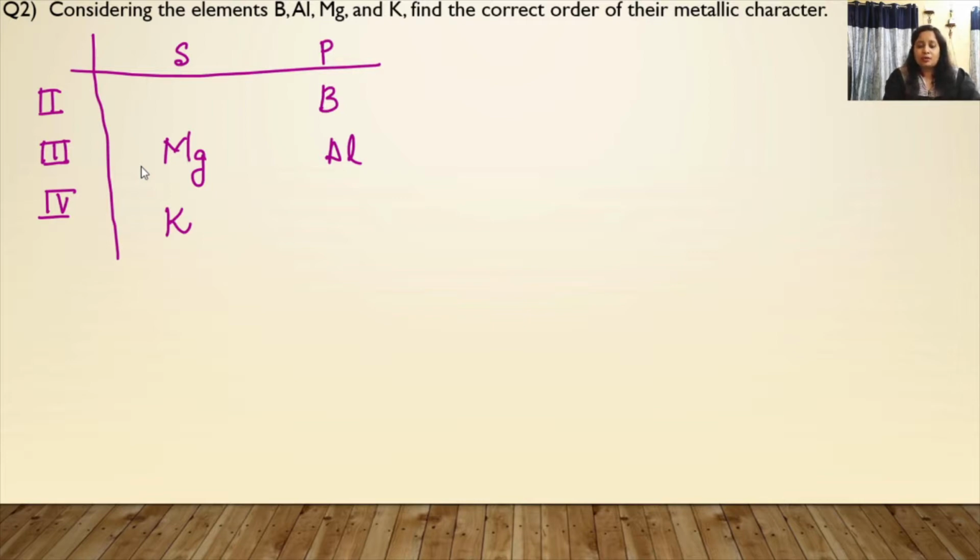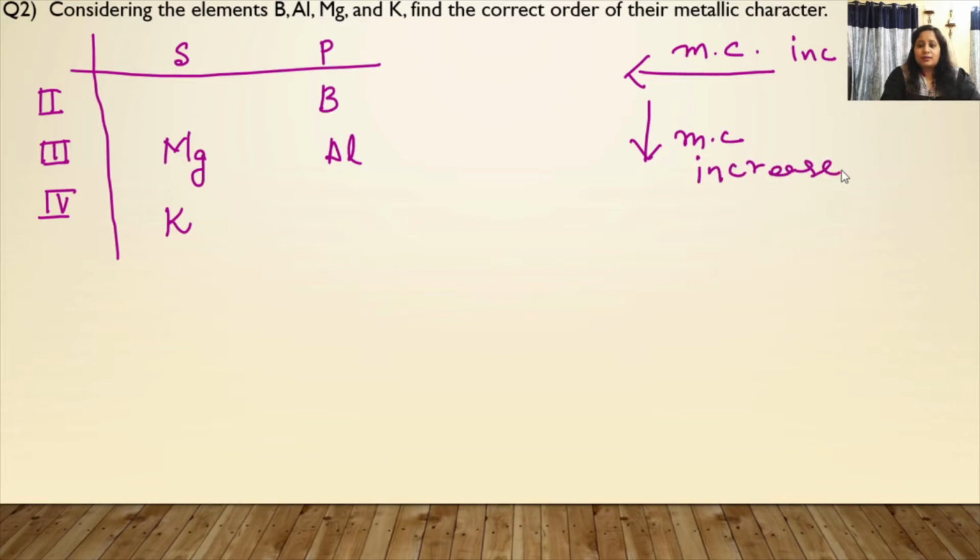Now we have the idea of the positions in the periodic table. Now we know that metallic character will increase in this direction, and also in this way metallic character will increase.